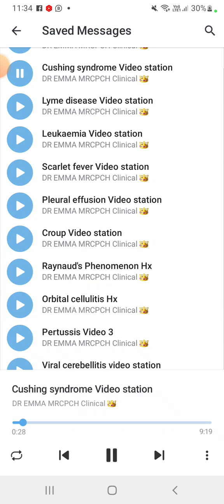He also has hypertrichosis on the back. Okay, so diagnosis, what are you keeping? Cushing syndrome.